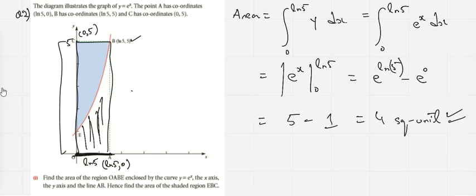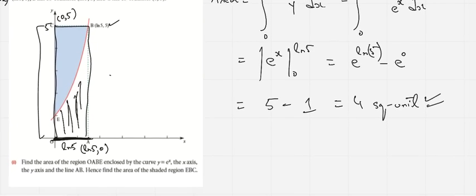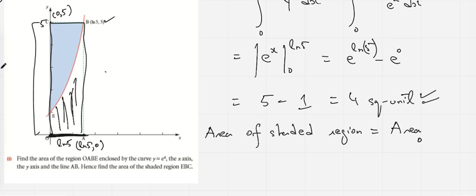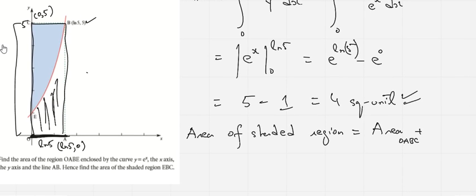So the area of our shaded region is going to be equal to the area of rectangle OABC plus the area of region OABE. Okay, OABE. That's it. Alright. So you see this is equal to what?